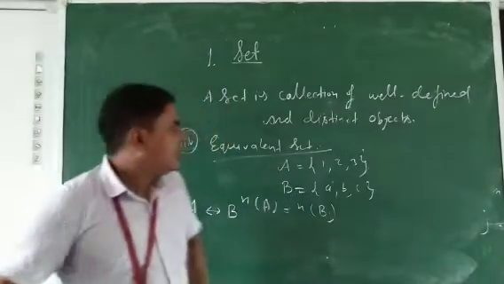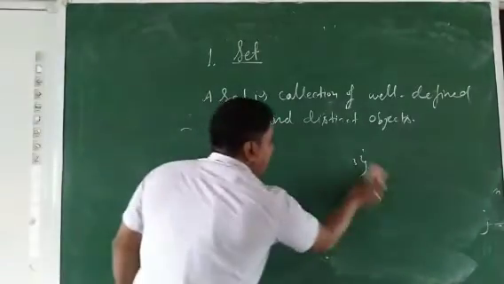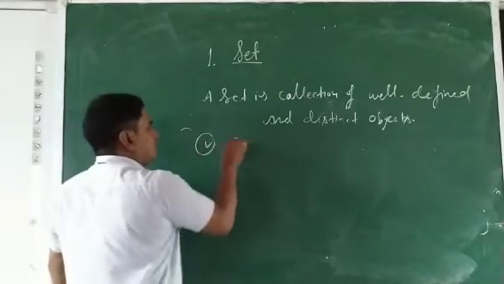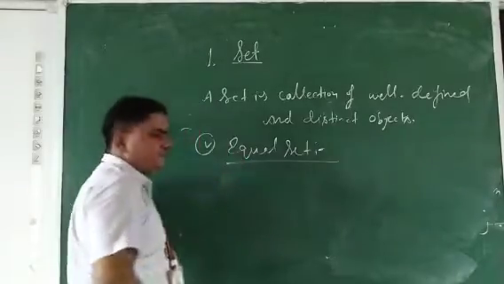Now last we will discuss about the fourth type, equal set. What is equal set?